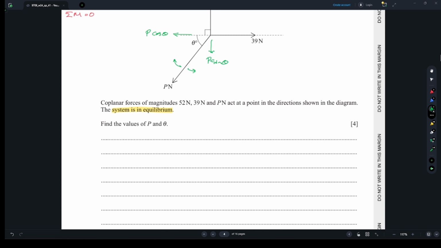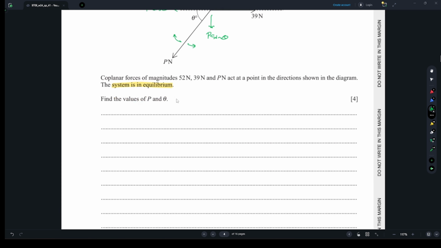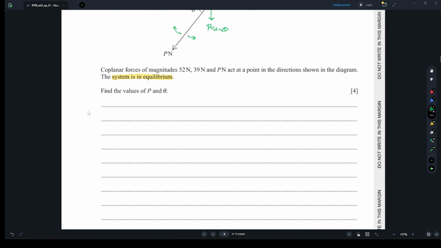Since they are in equilibrium, you can consider the sum of the forces in x direction. I will write the sum of the forces in x direction and indicate the direction you are considering as positive.